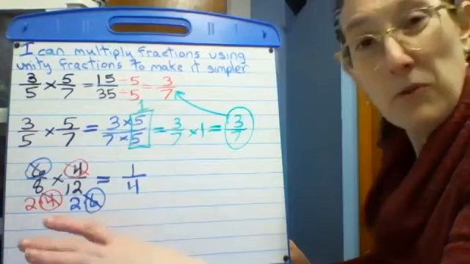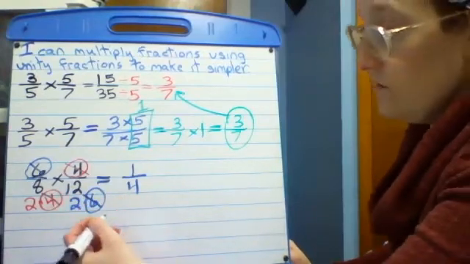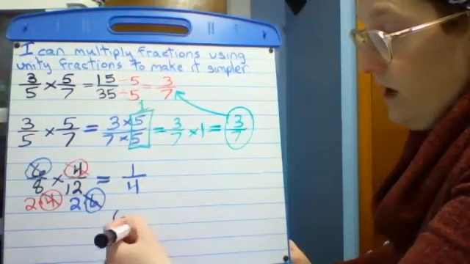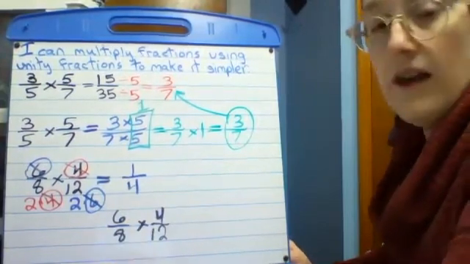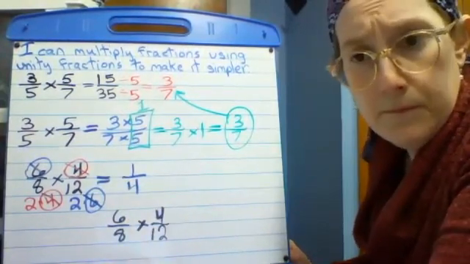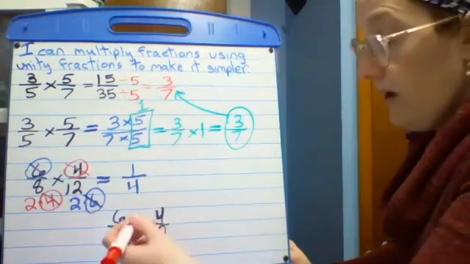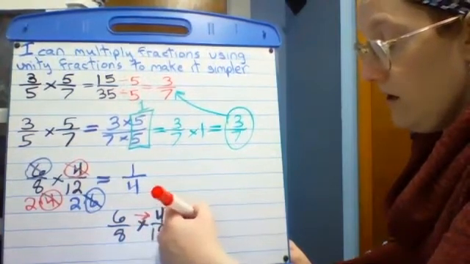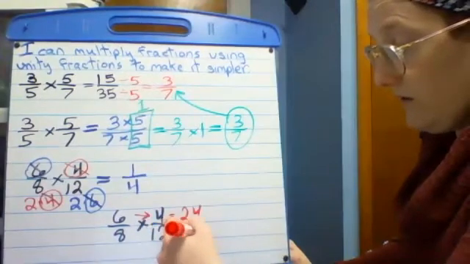Well, let's double check and make sure this really works. What would it have been if I didn't use this method? If I just did 6/8 times 4/12. Pause the video and solve that now the way you normally would. Well, when you solve it the normal way, you would multiply across, 6 times 4, which would be 24, and then 8 times 12, which would be 96.